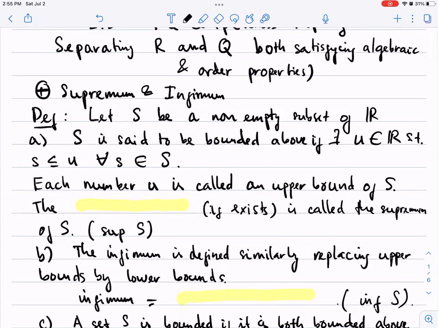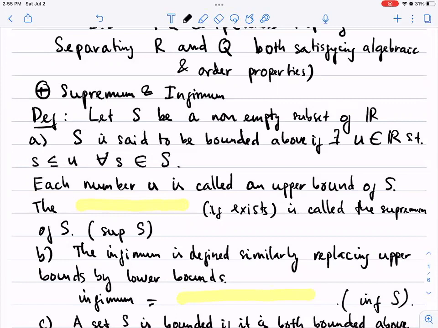A. S is said to be bounded above if there exists some number U such that s is smaller than or equal to U for any element s in this set capital S. Each number U here is called an upper bound of S.